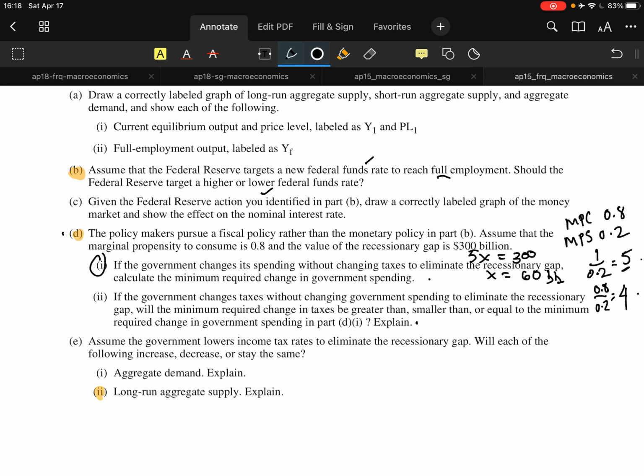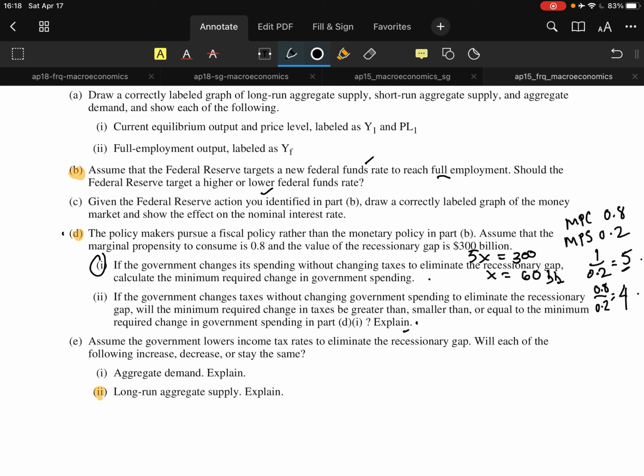Just showing your calculation of the tax multiplier and the spending multiplier would be enough to show that the tax multiplier is smaller. And then the theory of why it's smaller is that any change in taxes, so any extra money, disposable income, people now have as a result of a reduction in taxes, first has to go through their consumption function. The consumption function is, if you remember, we will spend a portion of the money we have and save a portion.